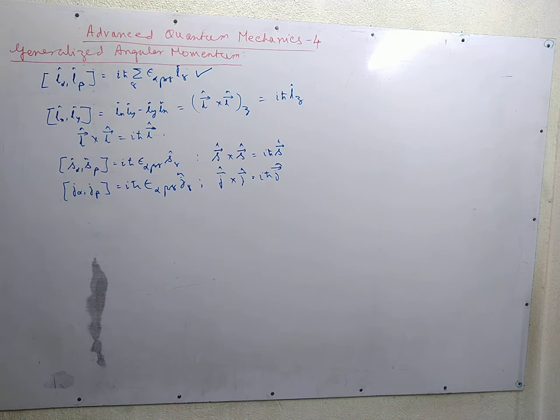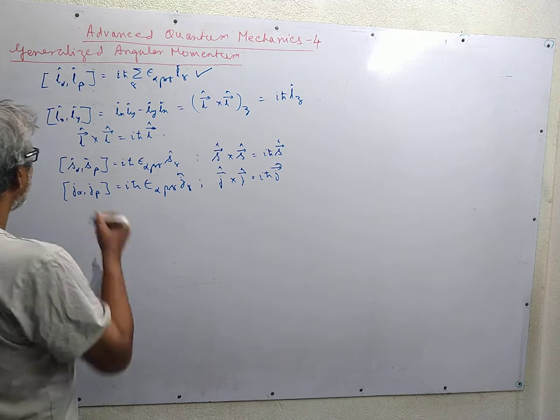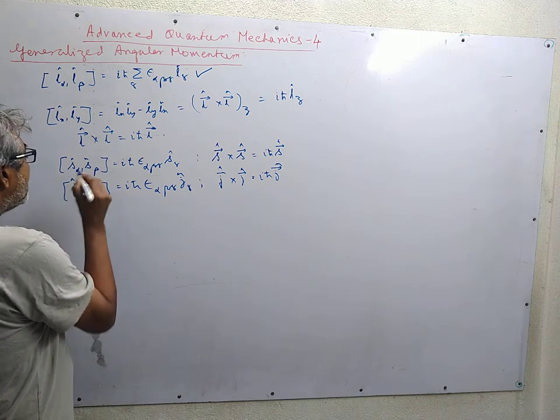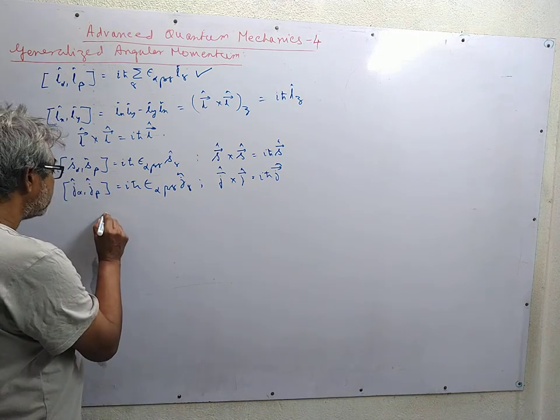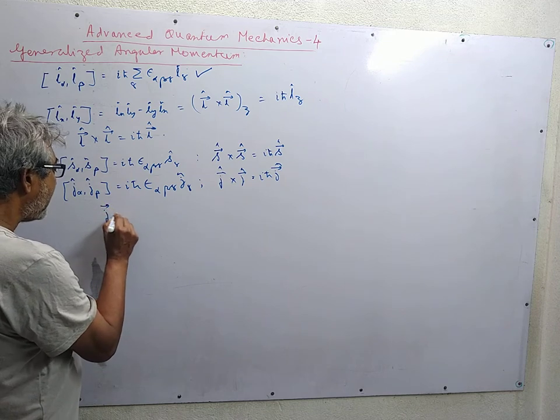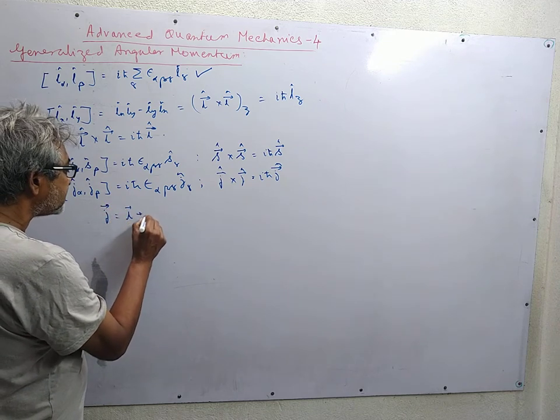Exactly the same definition. So this is the generalized definition. Starting from this definition, we shall work out the quantum algebra corresponding to J, which is the total angular momentum. You need to know that J is equal to vector L plus S.